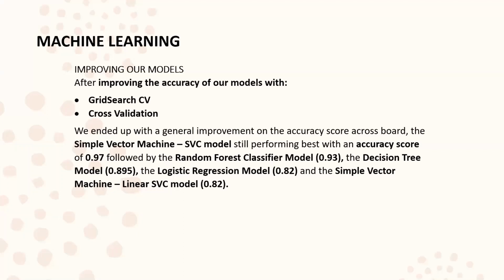So we couldn't use it for the random forest and the decision tree, but we applied cross validation to every model, and after that the SVC model still had 0.97 accuracy, which was the highest. The random forest had 0.93, the decision tree had approximately 0.9. Then the logistic regression model and the linear SVC model had the same scores.